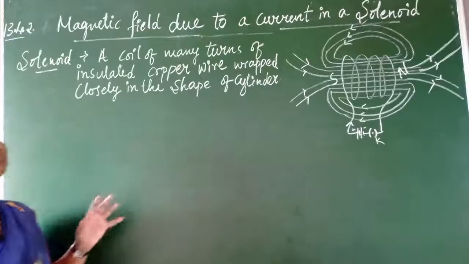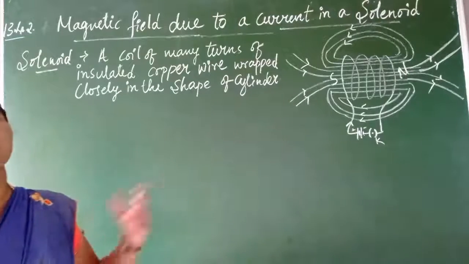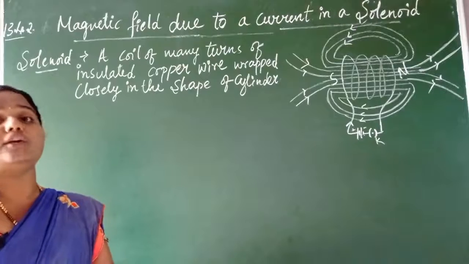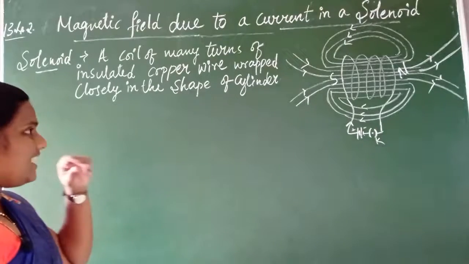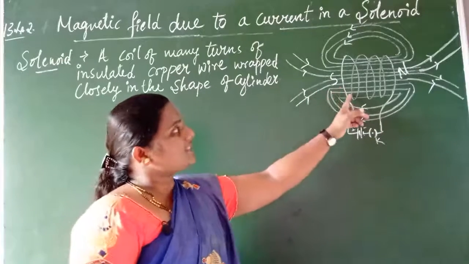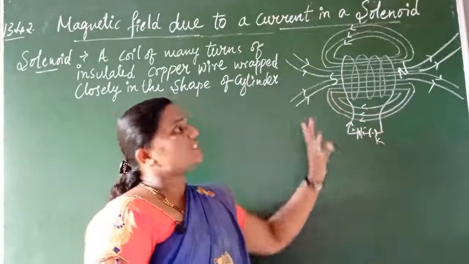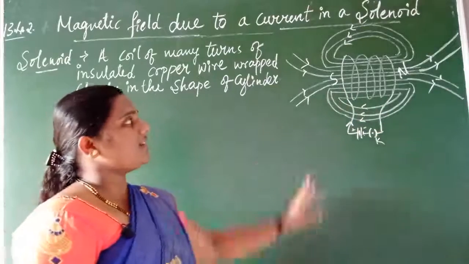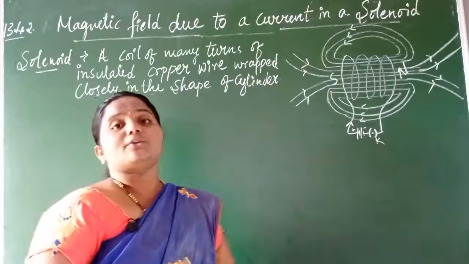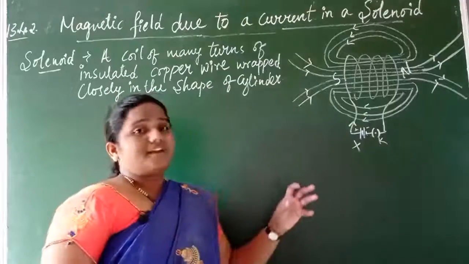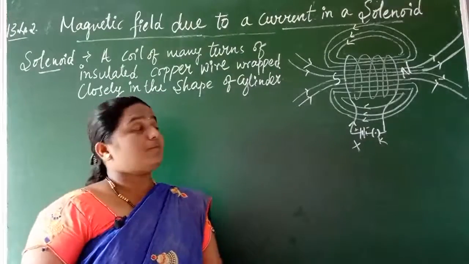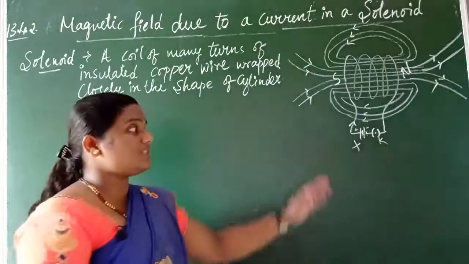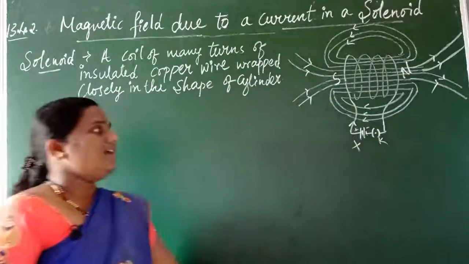Got it? Now, what is the magnetic field across this solenoid, we are going to study. Children, let us imagine this is a solenoid, and this solenoid is connected to the battery. Now we will understand what the magnetic field across this solenoid is.